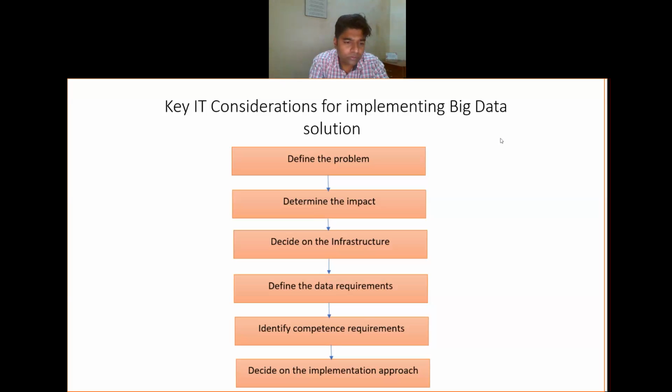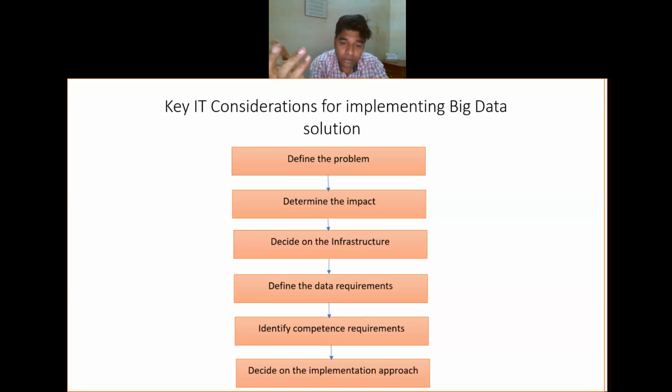So first, from this slide you can easily understand, we have to define the problem. Problem definition means why there is a need for a big data solution for a particular problem, why we require a big data solution to solve it. Lots of reasons may be there.